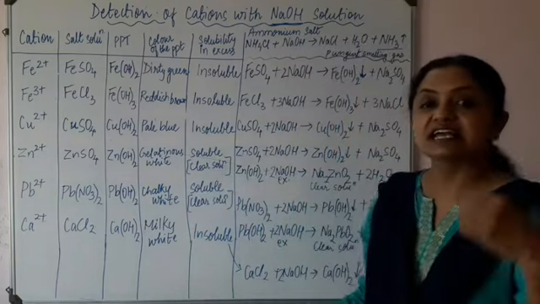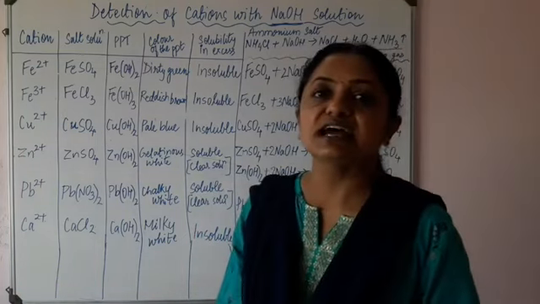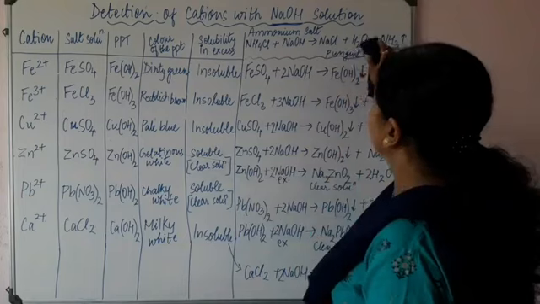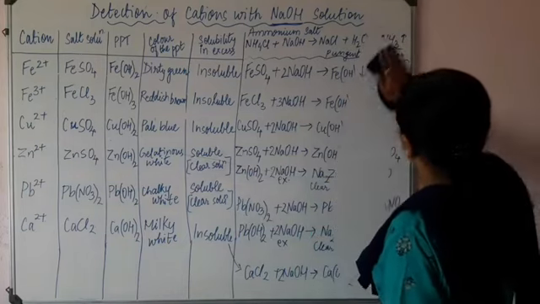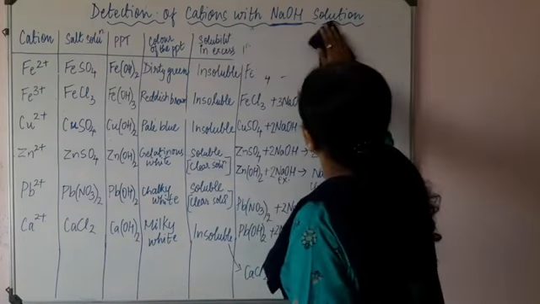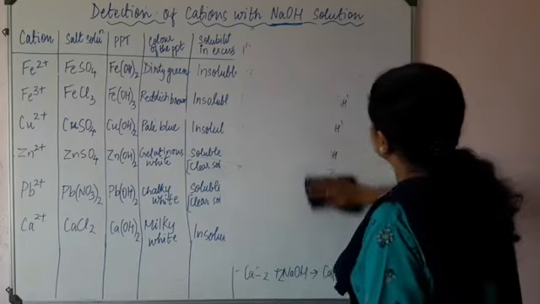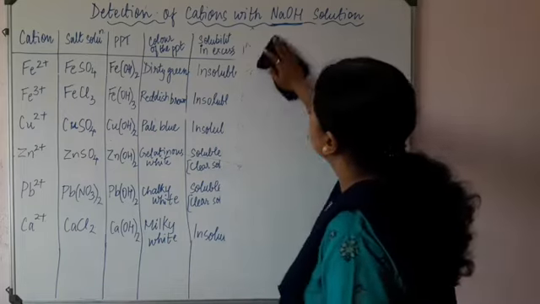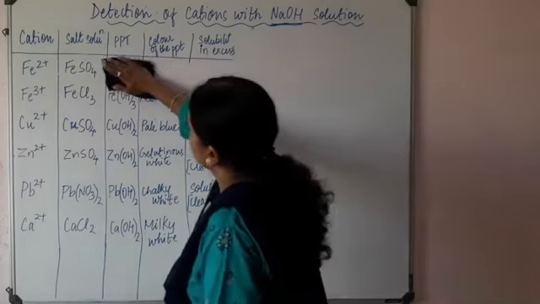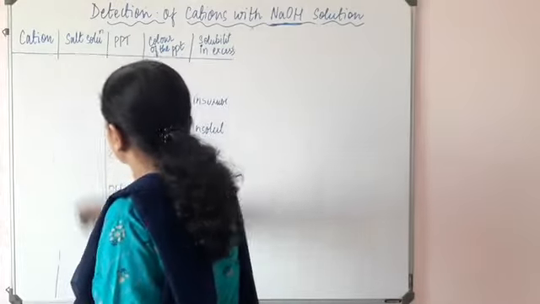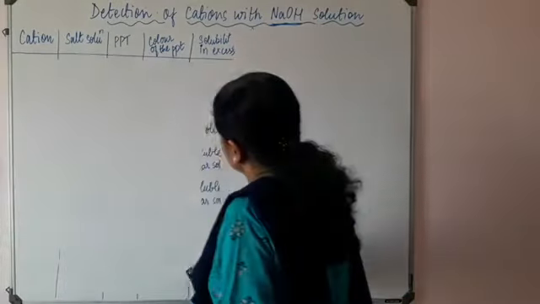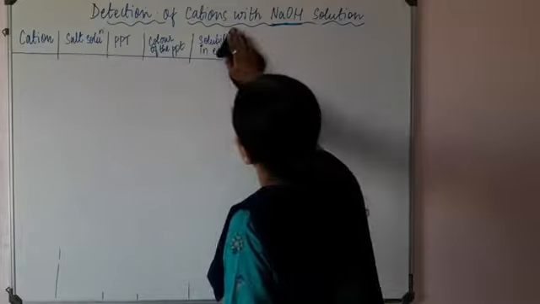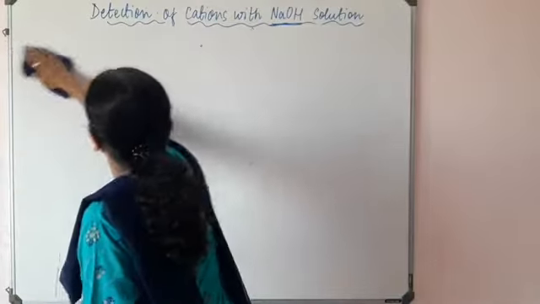Now we will do the second part of this detection of cations, that is with ammonium hydroxide solution. Right? So let us do that. The same way we did sodium hydroxide, we will do ammonium hydroxide. On adding little and excess, we will see what happens.